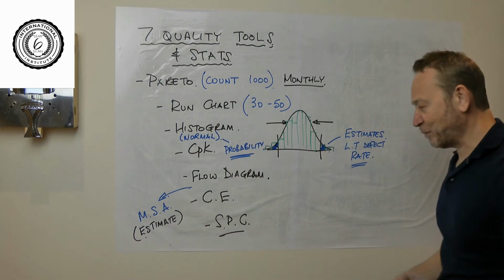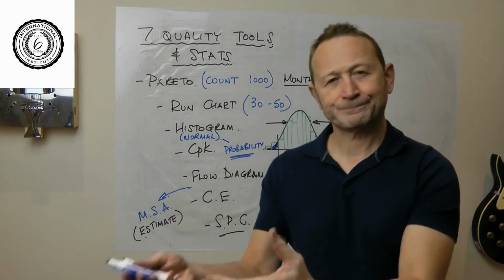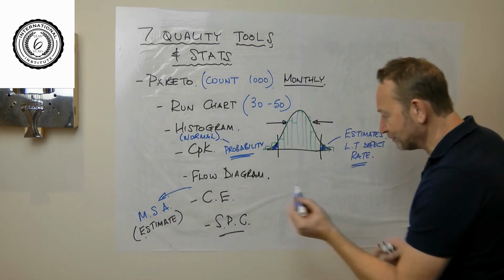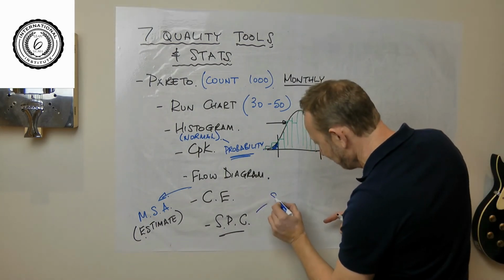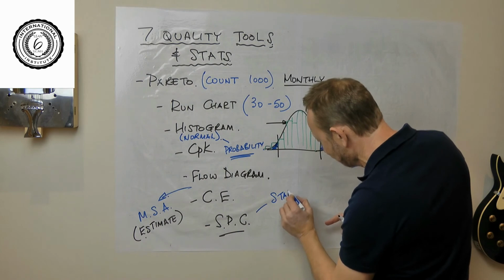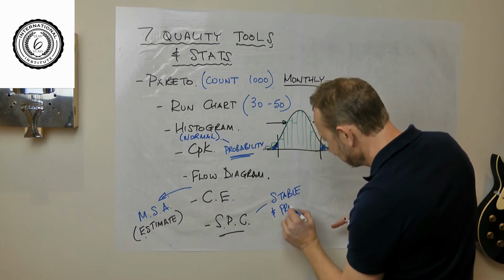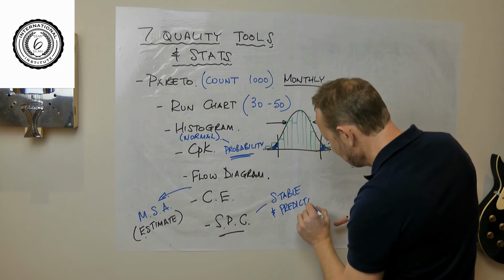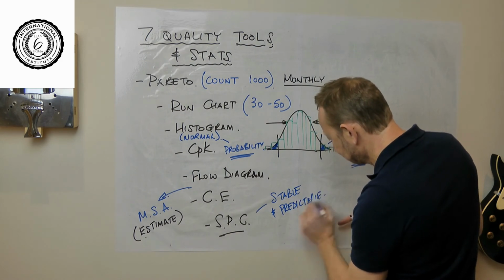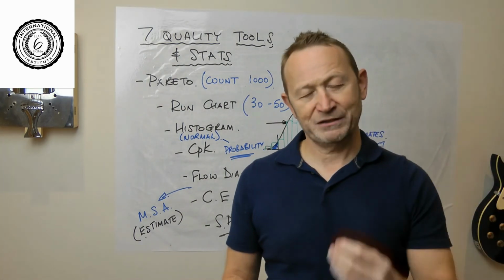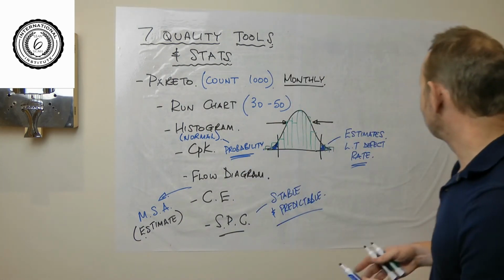Then when we get into SPC, now again, the software is going to do the calc here, but I understand the basics of SPC. A process is said to be under control when it is stable and predictable. What does that mean? Well, stable means that the signal doesn't move.